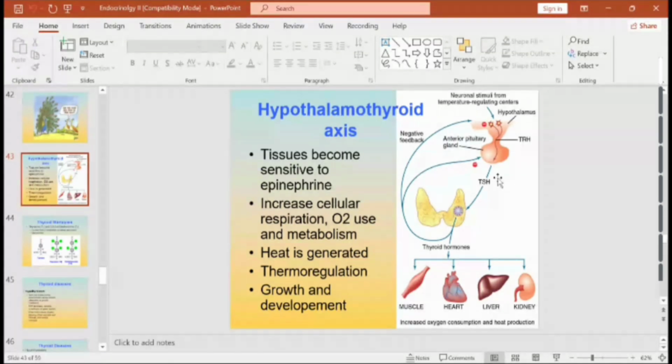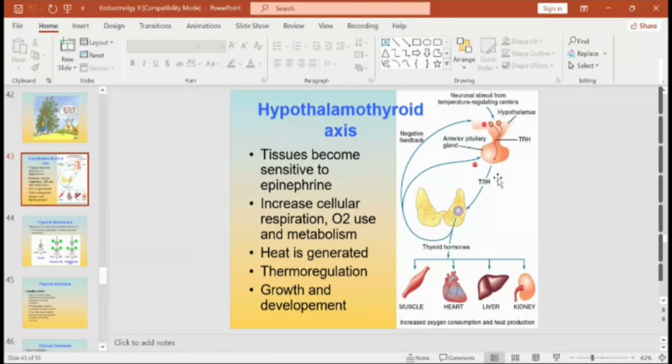This axis is all about the release of the thyroid hormones. The thyroid hormone is responsible for sensitizing the tissues to epinephrine. Epinephrine is a type of catecholamine, which we'll see in detail when we review the suprarenal glands.